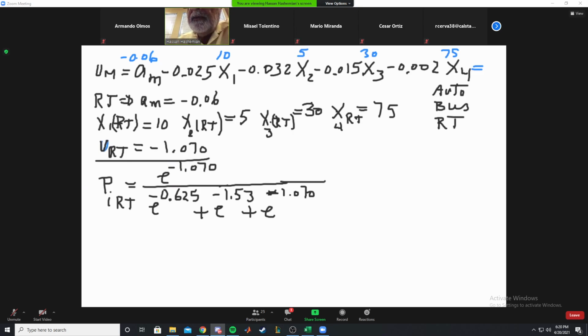So when we calculate this, because we have three modes of transportation, the probability of rapid transit will be 0.313.